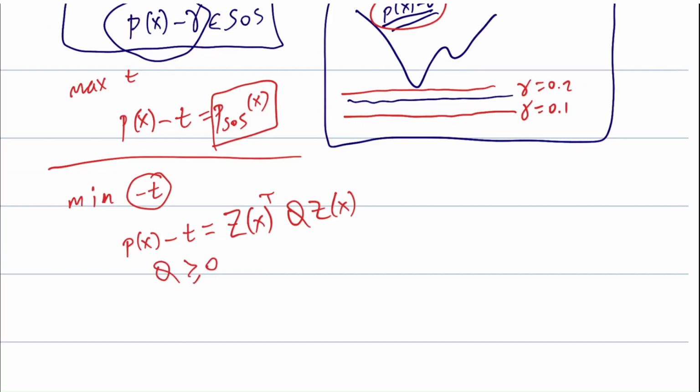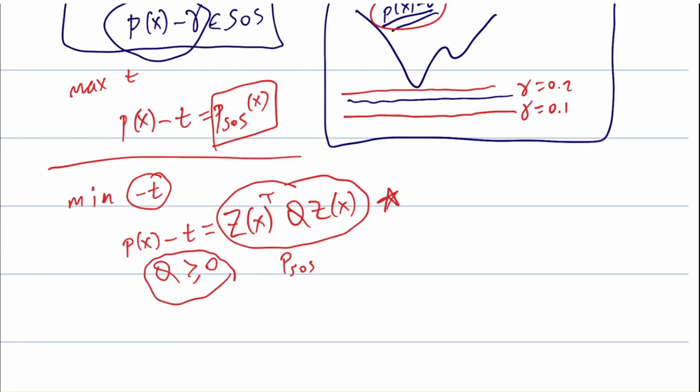Okay, and this is basically the problem, right? Here we are expressing this term as SOS, P underscore SOS. And this is our second constraint, this equality constraint. The coefficients of those polynomials being equal is the first constraint, Q being positive semi-definite is the second constraint, and minus T is our objective term.